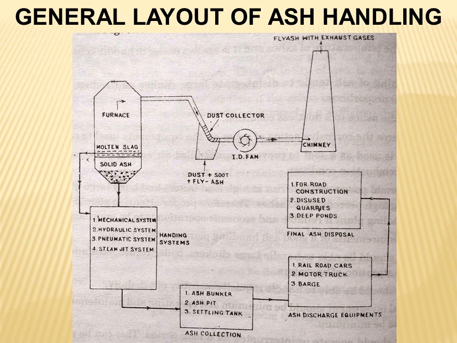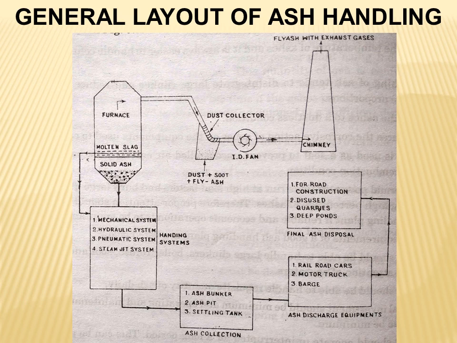Now next is the general layout of the ash handling power plant. The ever increasing capacities of boiler units together with their ability to use low grade, high ash content coals have been responsible for the development of modern ash handling systems.